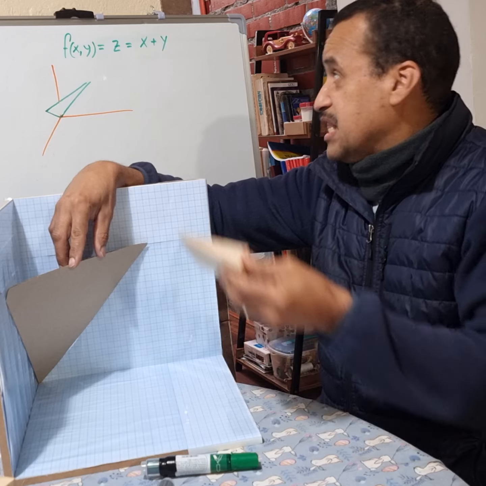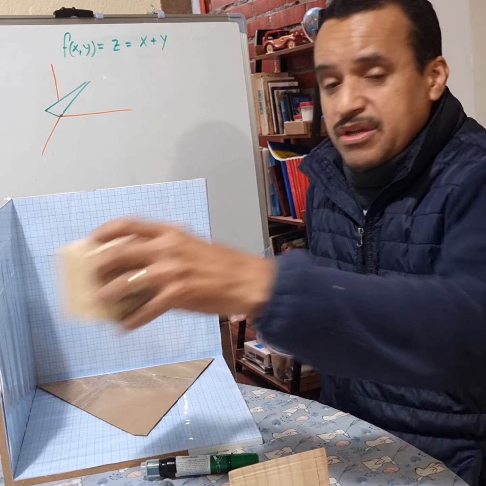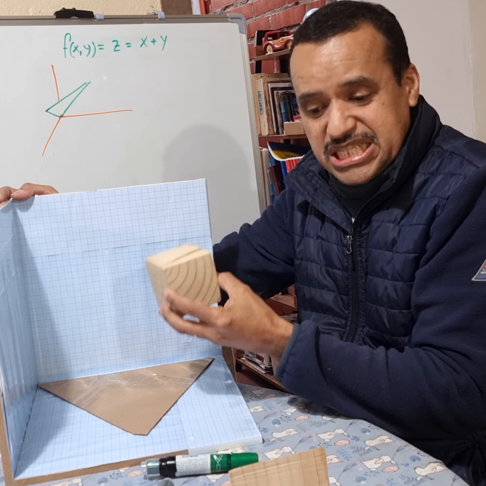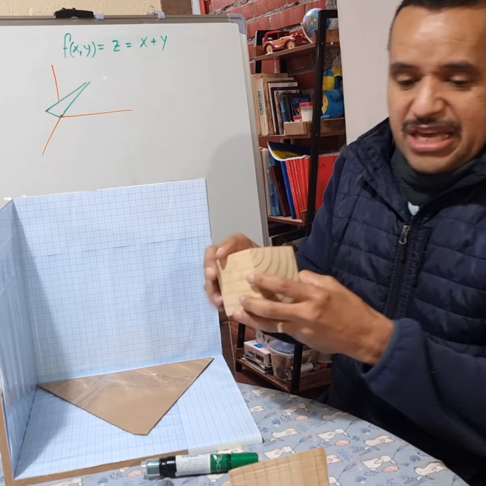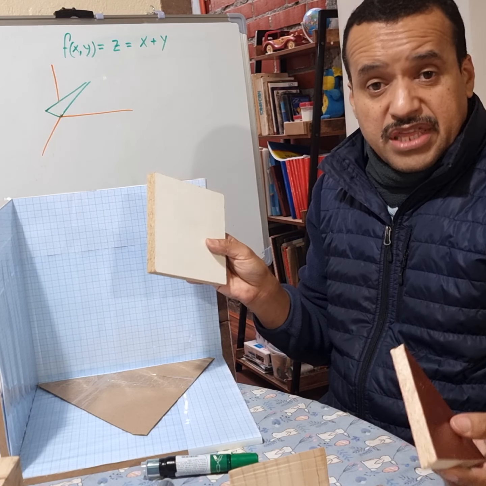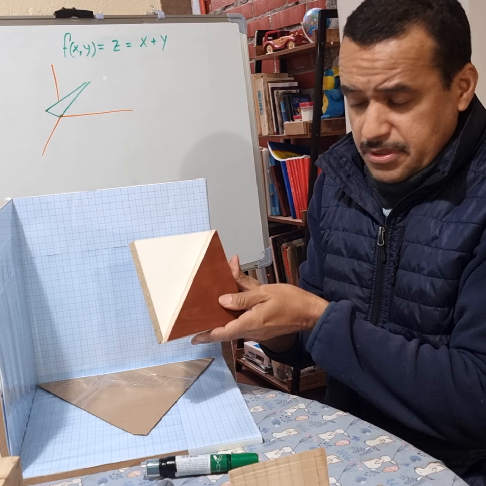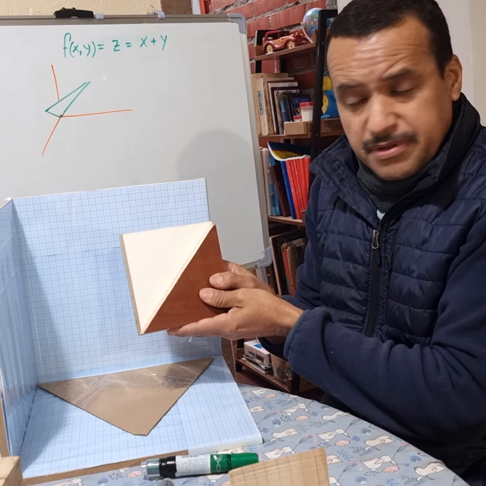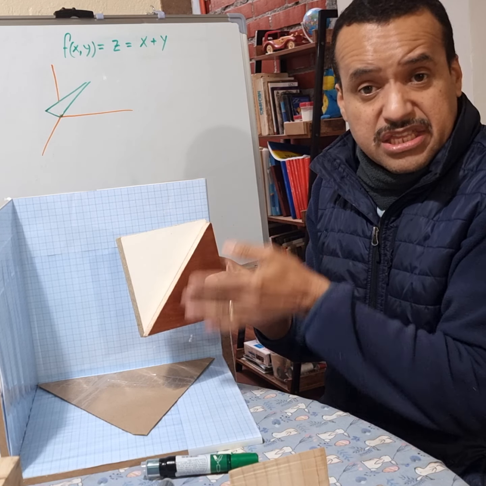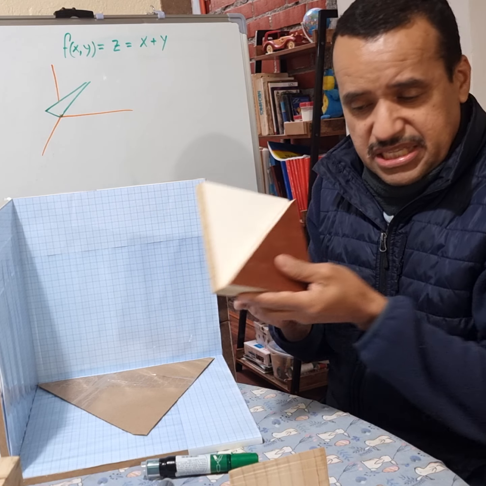We represent the identity function in the cube, which represents the coordinate system, just like we studied the symmetry of the triangle in the square, where the triangle represented the identity function and the square represented the Cartesian coordinate system.